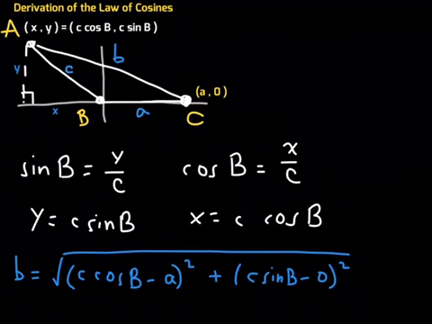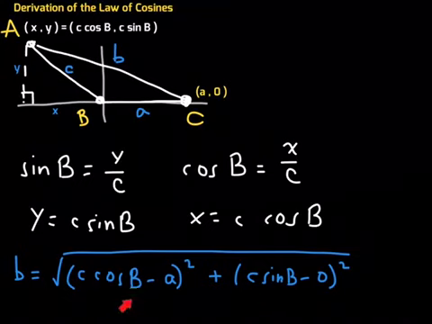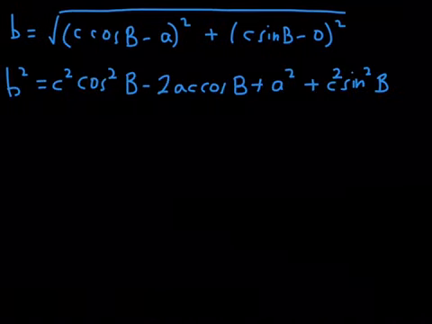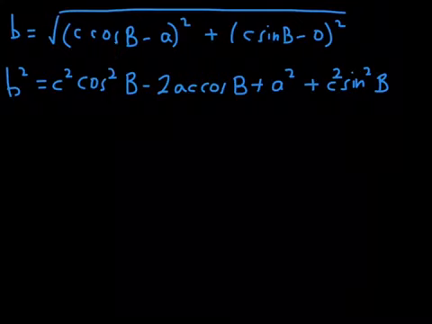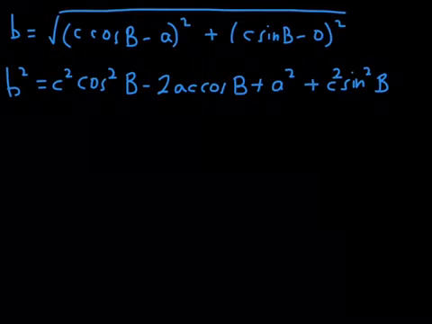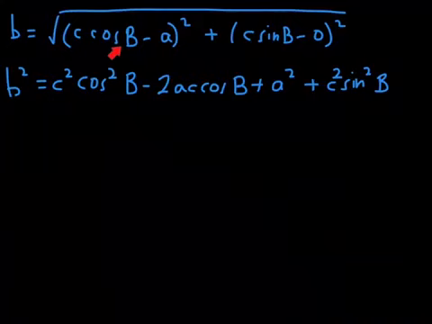What we can do at this point is square both sides to get rid of the square root. And at the same time, let's consider expanding both of these squares, okay? When we expanded this binomial, the square of this binomial, we get c squared times cosine squared of b, and then minus 2 times a times c cosine b, and then plus a squared, and then here it's just c squared sine squared b.